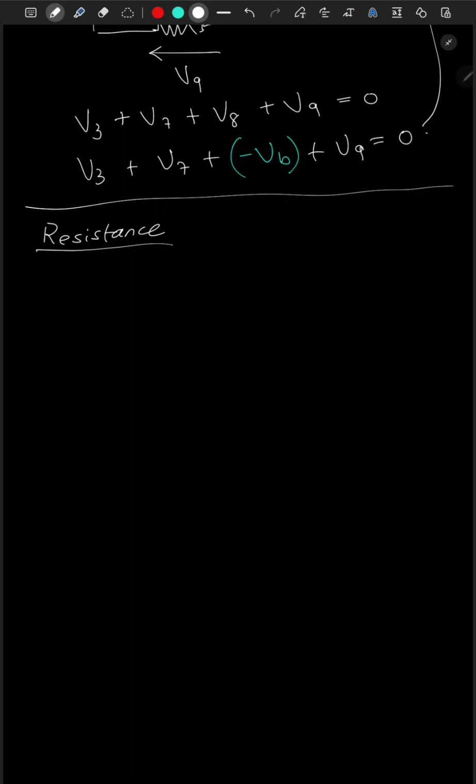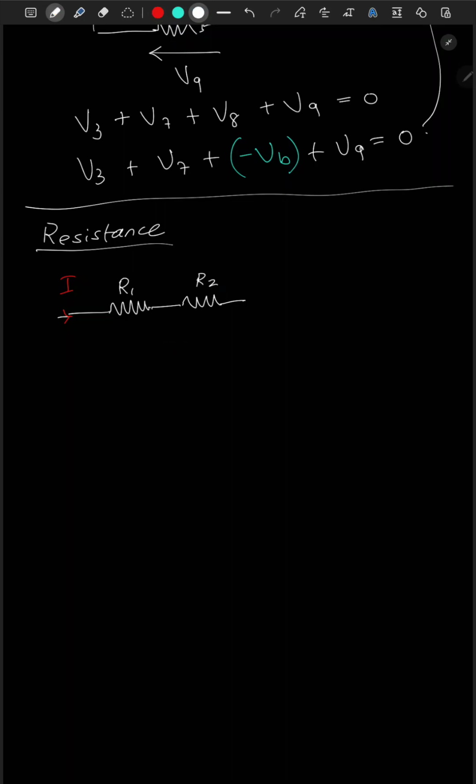If we have two resistors connected in series, let's call them R1 and R2, and a current I flows through that series. The same current goes into R1 and the same current goes into R2.